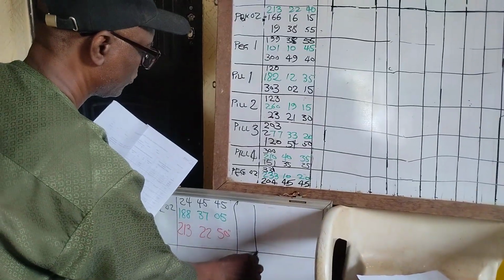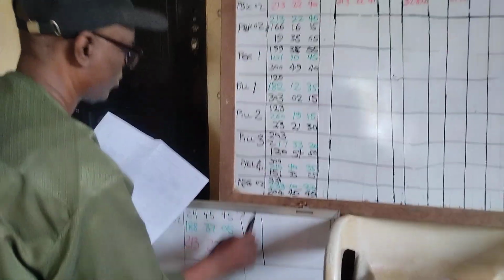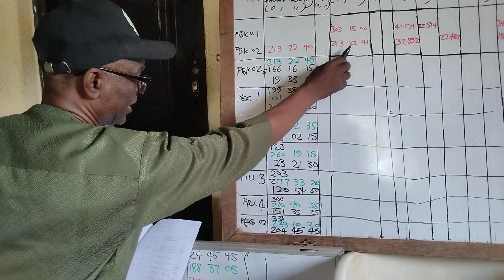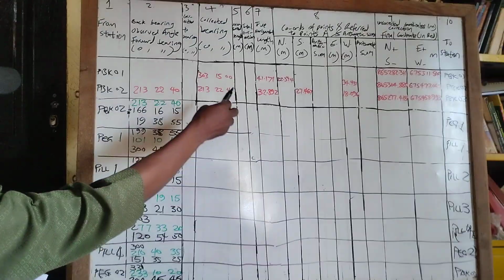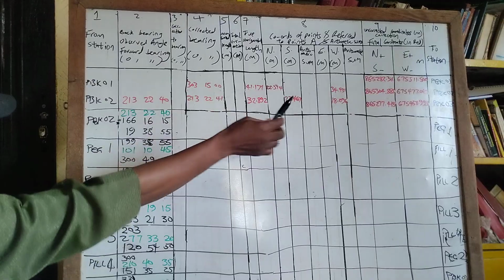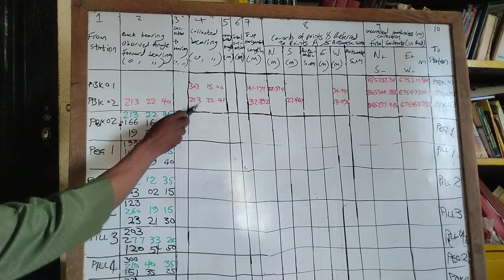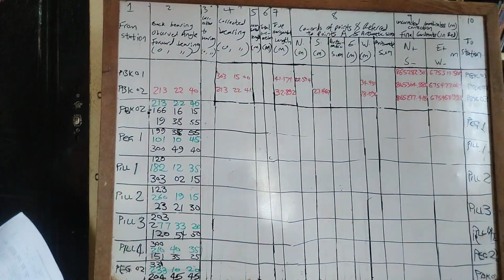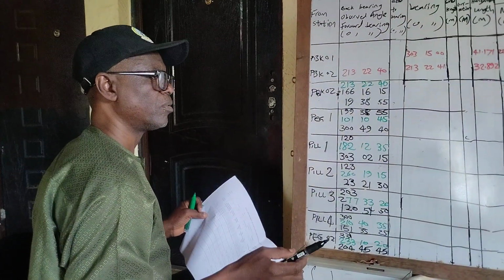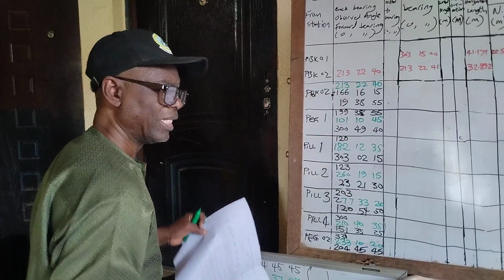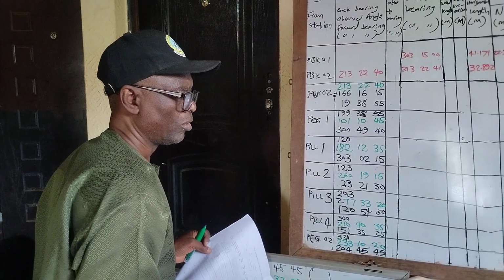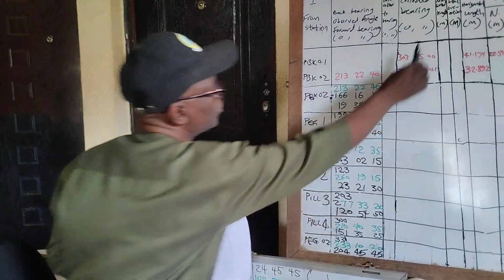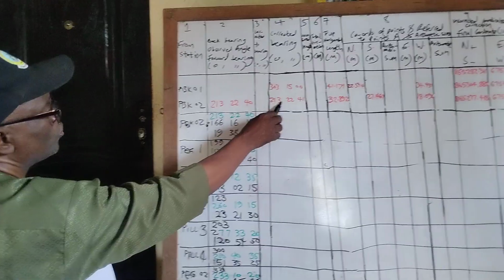That means this is the correct bearing, but remember that this is the corrected bearing from the coordinates, and that's the one you are going to use. All these figures here have what we call, in surveying, inherent errors, which you should be able to adjust. But this one does not have any error, so this is the one you use.